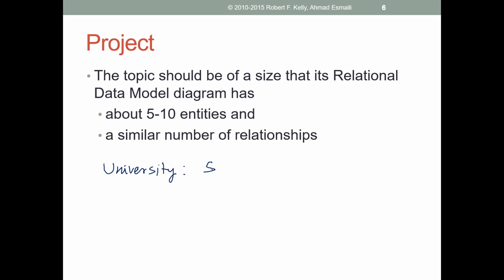So you have entities like student. Let me see how many entities we can find. Student, course, and then you have professor. So we found 3 entities very easily. Then you can have department.